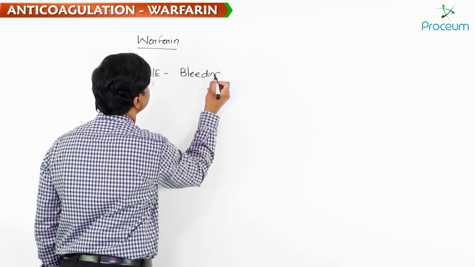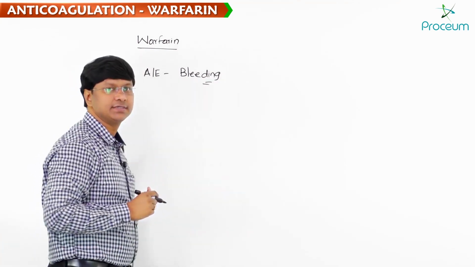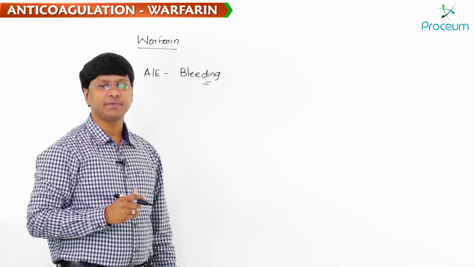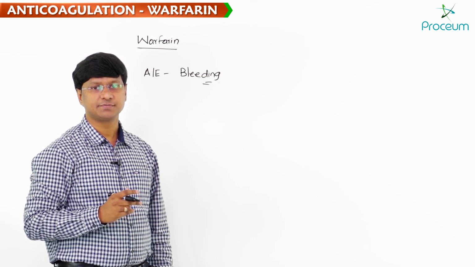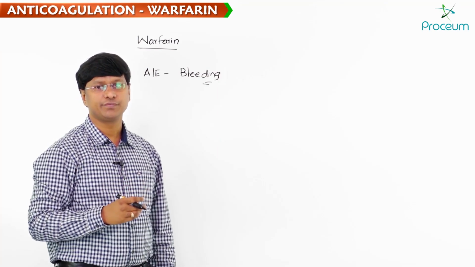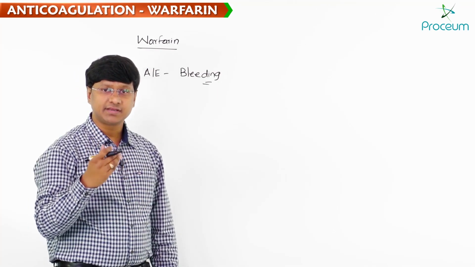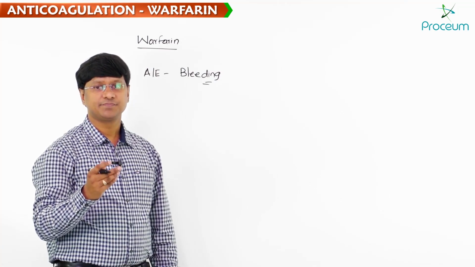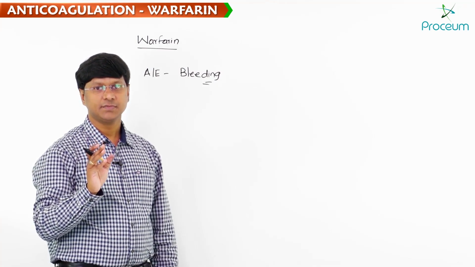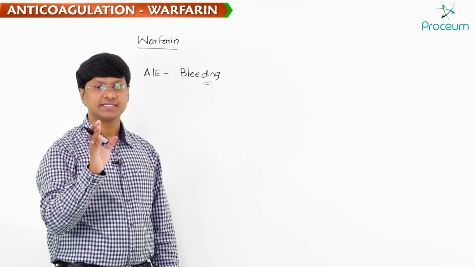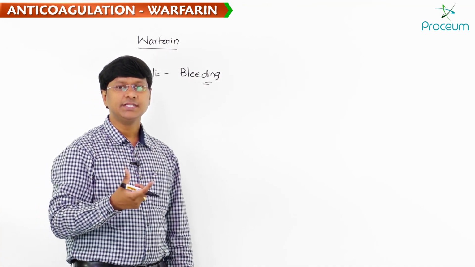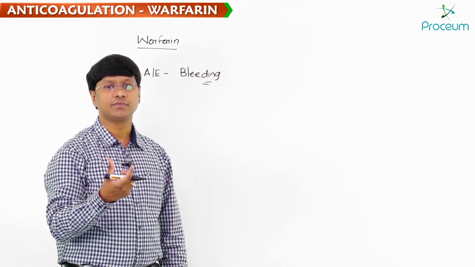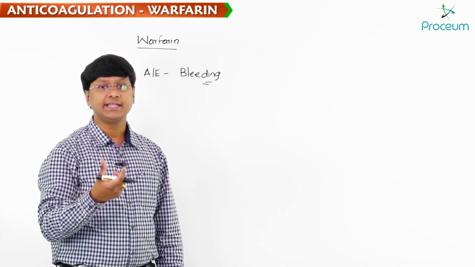Now if the patient develops bleeding due to overdose of warfarin, the treatment that can be given is fresh frozen plasma. Fresh frozen plasma is actually the treatment of choice, but the antidote of warfarin is vitamin K1.